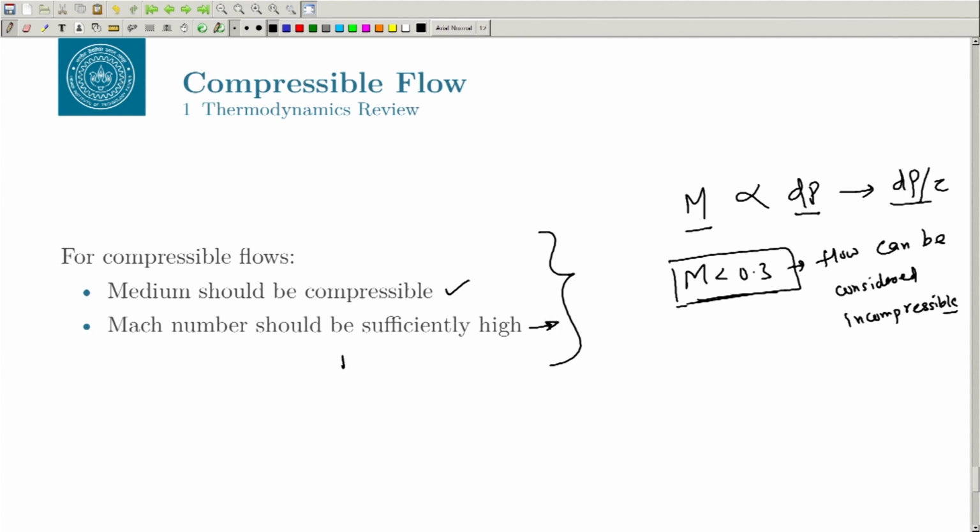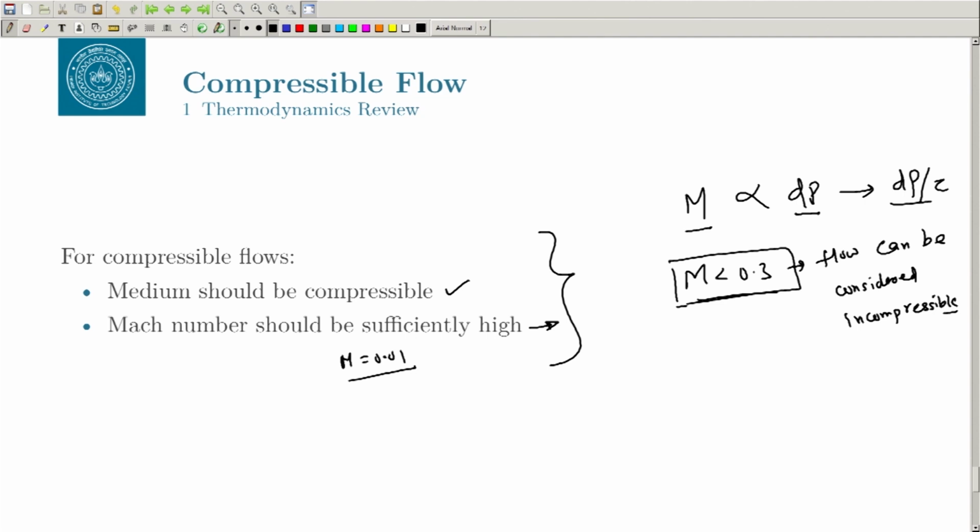That means if, let us say, the Mach number is 0.01, it is a very low Mach number. That means the speed is very small compared to the speed of sound. In those cases, your change in density will be very small, and you can safely treat those flows as incompressible flow, and it will not make a difference whether you solve the flow using a compressible solver or an incompressible solver.